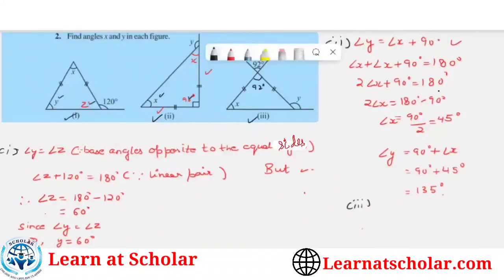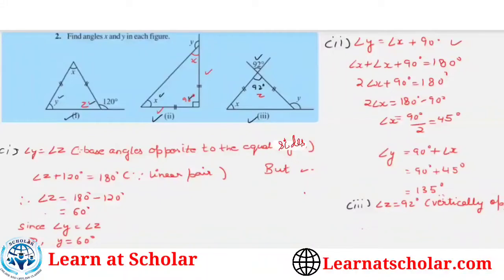92 degrees and the opposite angle are vertically opposite and equal. Let's name it as z. z is equal to 92 degrees since they are vertically opposite angles.